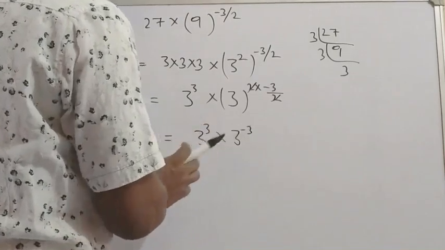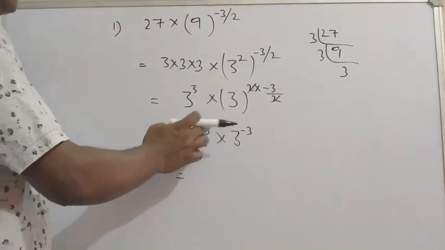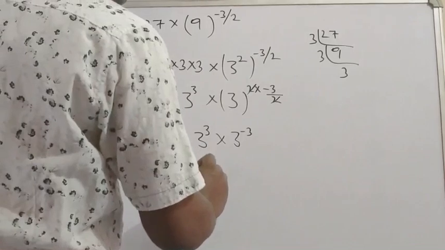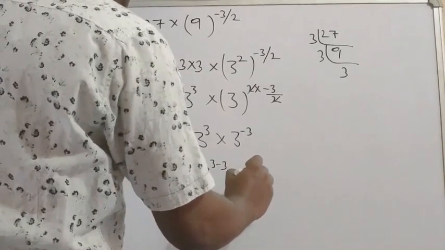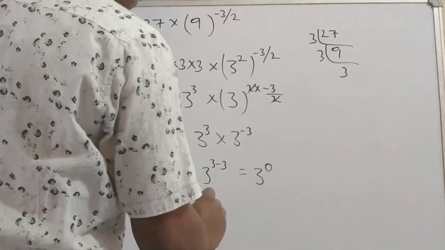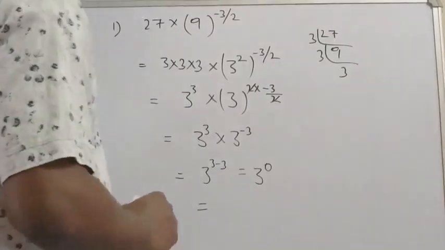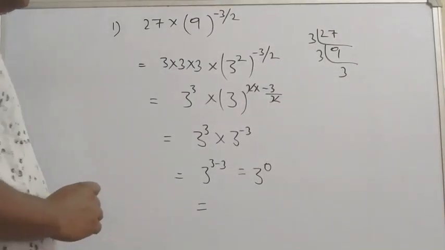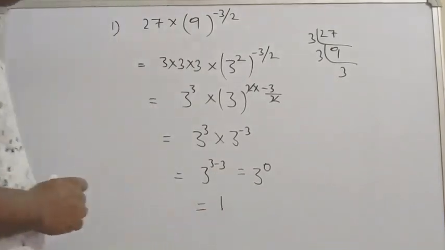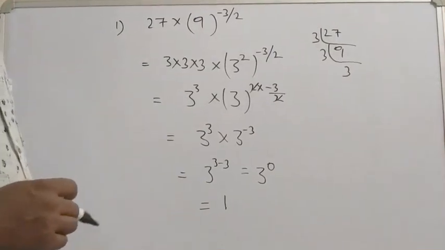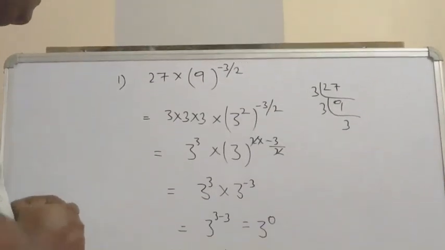Now I have told you in the formula, if it is multiplied, the power should be added. So 3 to the power 3 minus 3. So 3 minus 3 is 0. 3 to the power 0 is equal to, if the power is 0, as I have told you in the formula, it becomes 1. So the answer is 1. Understood? Now I come to another question.